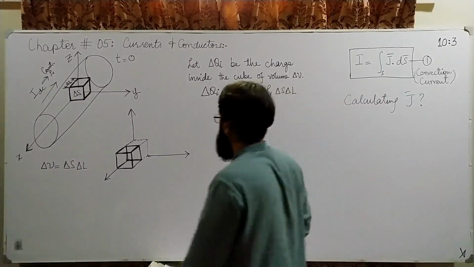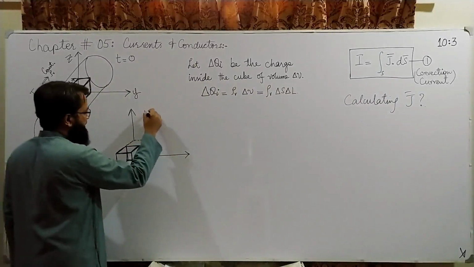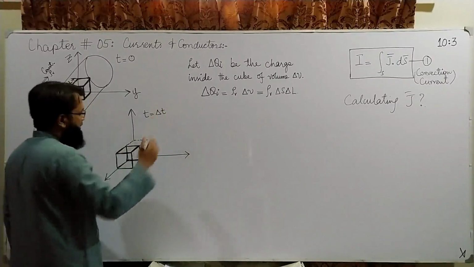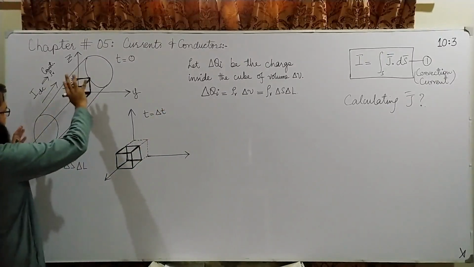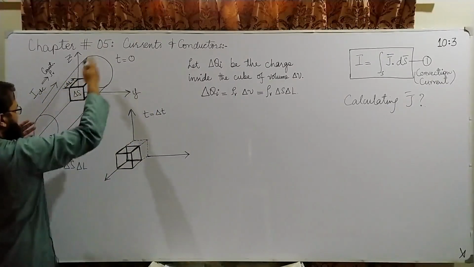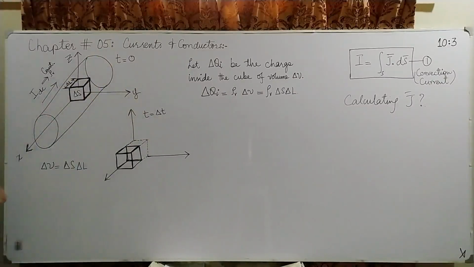After some time, let's say delta t, a very small time, with the box in place, the charges will definitely move from the front side to the back side of the box.